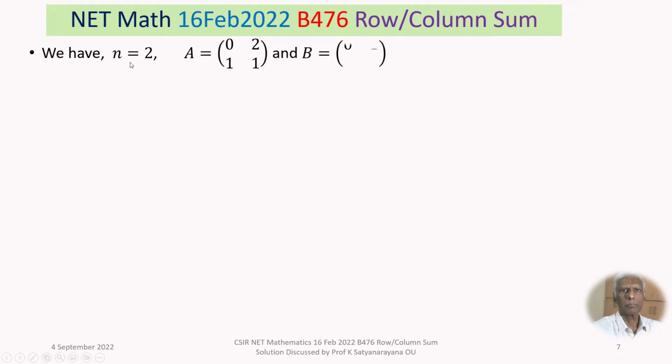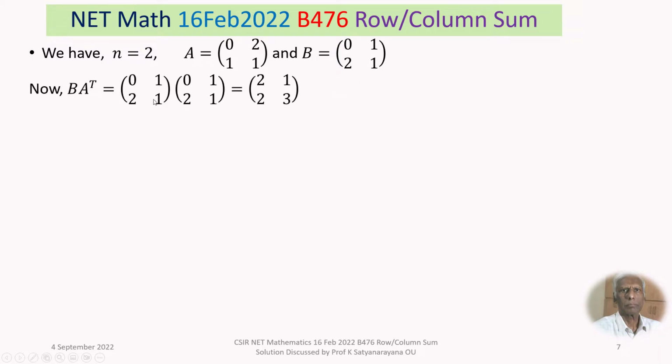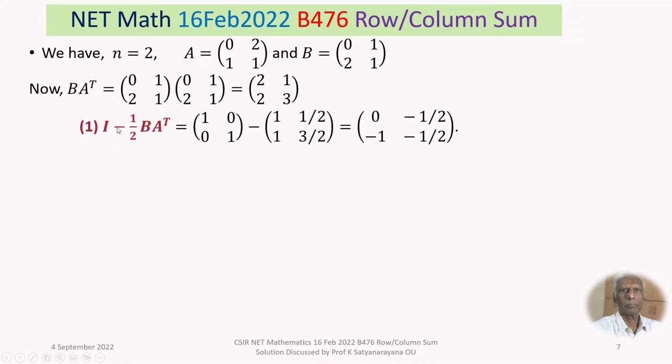We have those 2 matrices for the case n equal to 2, A and B, and now BA transpose. We have taken A and transposed it. When transposed, you will get 0, 1, 2, 1. When multiplied, you will get 2, 1, 2, 3. So look at option 1, I minus 1 by 2 times BA transpose. I is this, minus 1 by 2 times BA transpose is 1, 1 half, 1, 3 by 2.